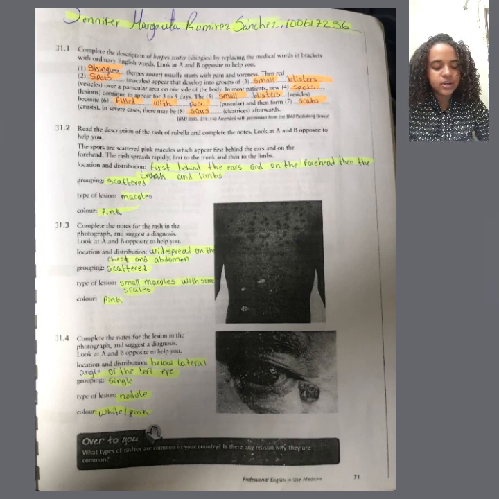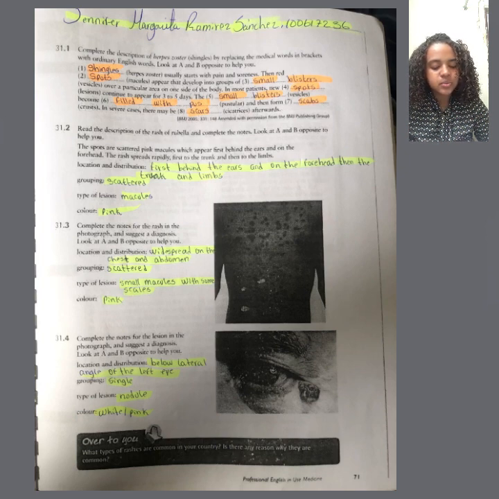Write in the description of the rash of rubella and complete the notes. Look at A and B opposite to help you. The rash appears as scattered pink macules which appear first behind the ear and on the forehead.